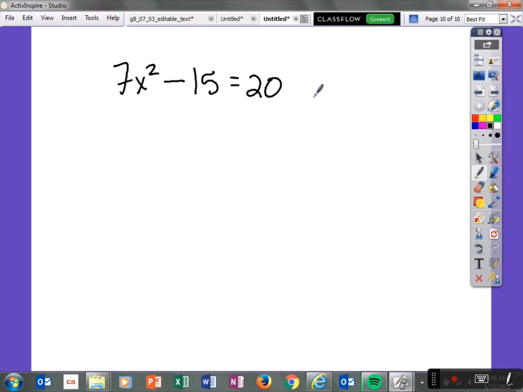You good? All right, Davis, tell me what to do first. Okay. So you're gonna plus that 15. You're gonna get 35. Do 7x squared on one side. Then you're gonna divide your 7 and you're gonna get 5.